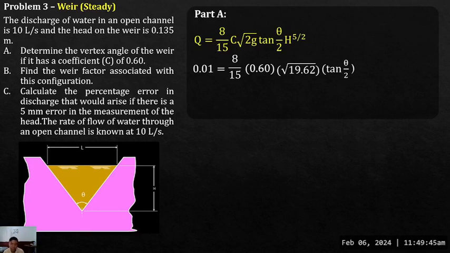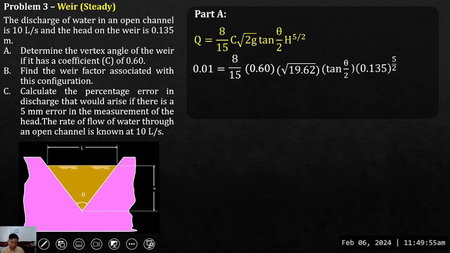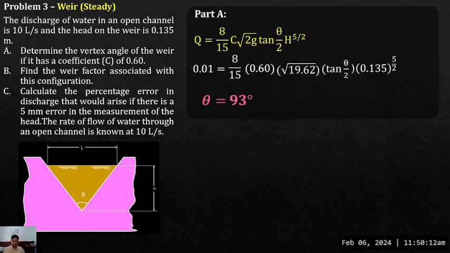Para makuha nyo yung theta. Tas may h pa tayo, that's 0.135 that is given in the problem, raised to 5 halves. Theta is equal to 93 degrees approximately. So that's the answer for letter A.